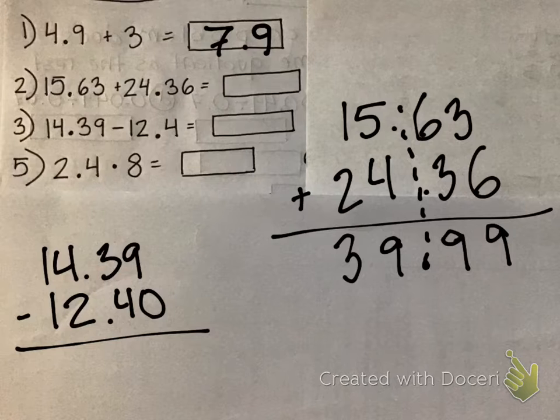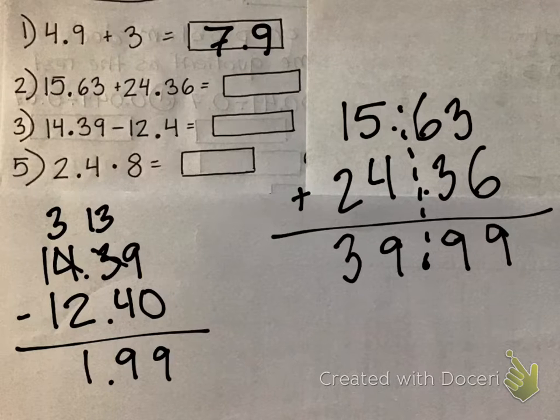We could do the 9 minus 0, we get 9. 3 minus 4, we turn that into a 13, and this into a 3, as I'm already messing up. 13 minus 4 makes it a 9. We just drop our decimal down. 13 minus 12 is 1. So we get 39.99 for number 2 and 1.99 for number 3.